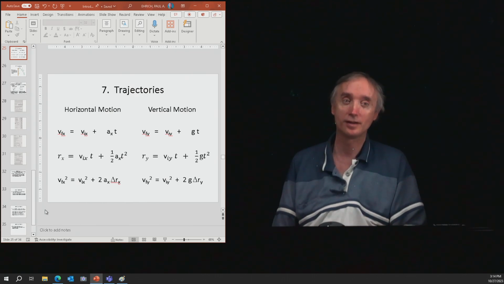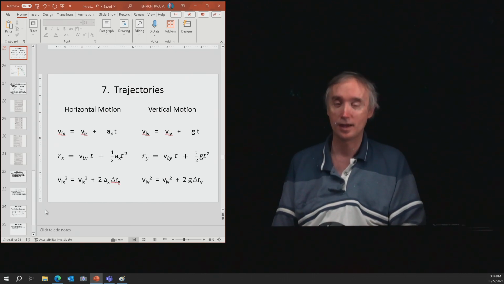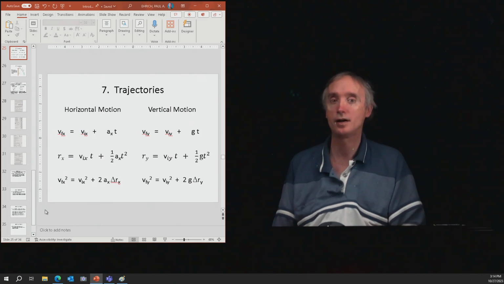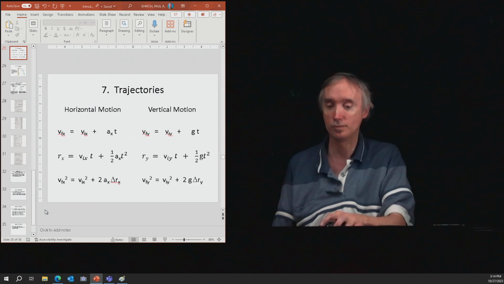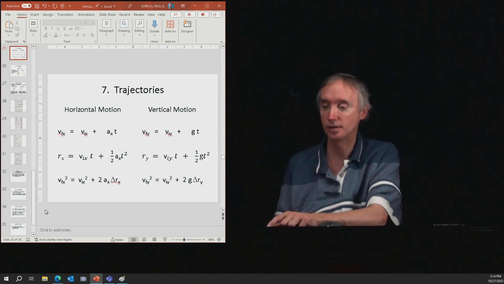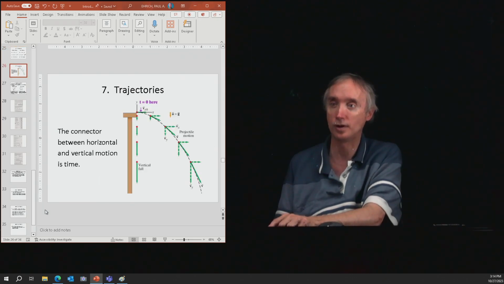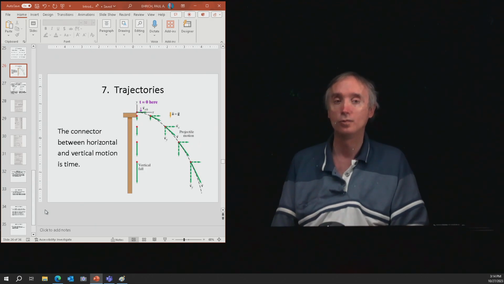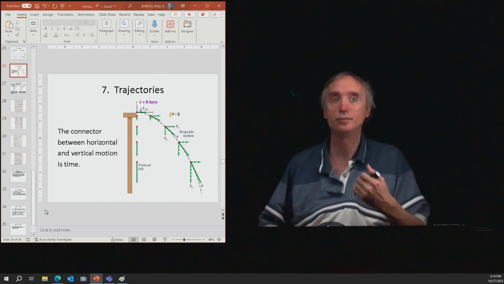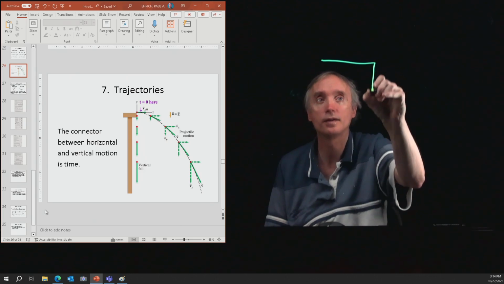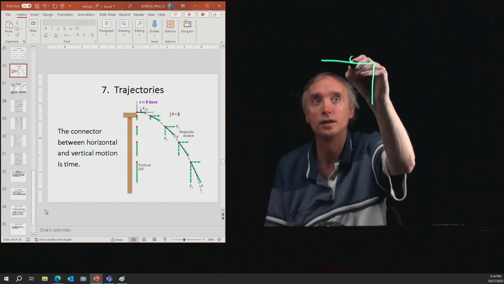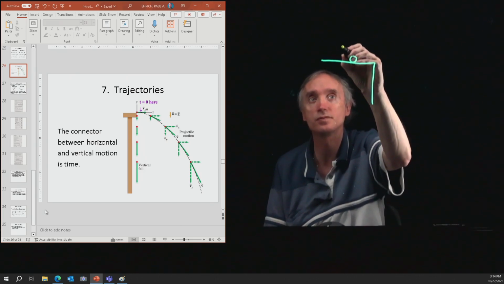So notice that we've got like 6 equations here, and so you might think that it'd be impossible to talk about motion in the up and down and the sideways at the same time. Well, it's not quite as bad as what you might think, because let's look, for example, at this picture here, which is showing a table, and then you've got this ball that has a certain speed.